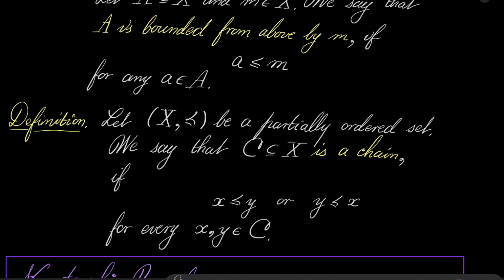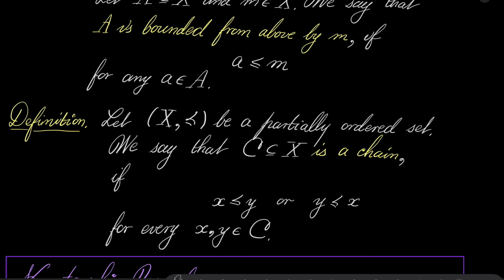We say that some subset C is a chain if it is linearly ordered. So in other words, every two elements can be compared. Either x is less than or equal to y, or y is less than or equal to x for every two elements of a chain. Yes. Chain means a subset of elements which are linearly ordered.